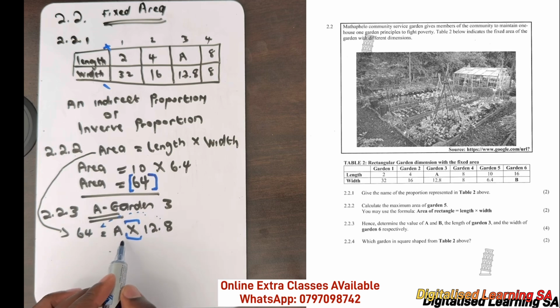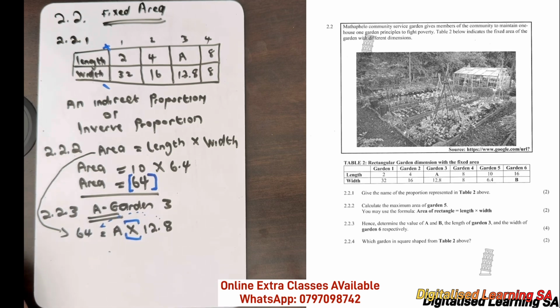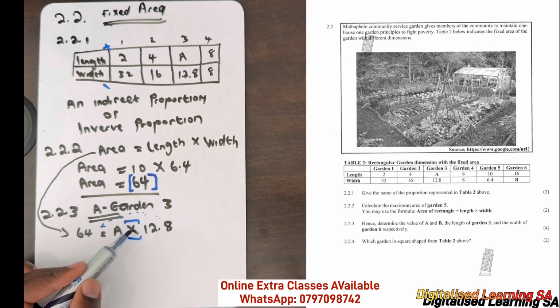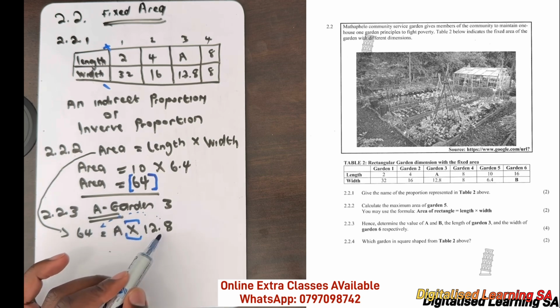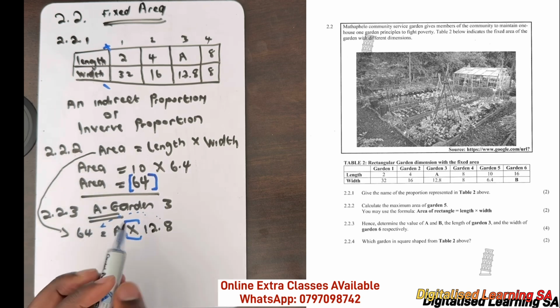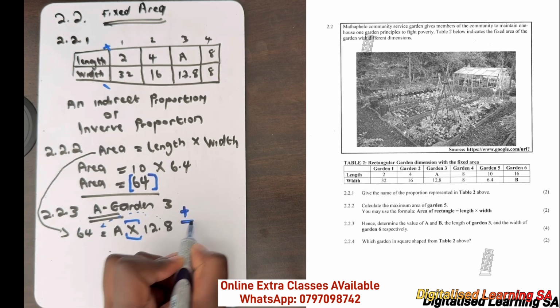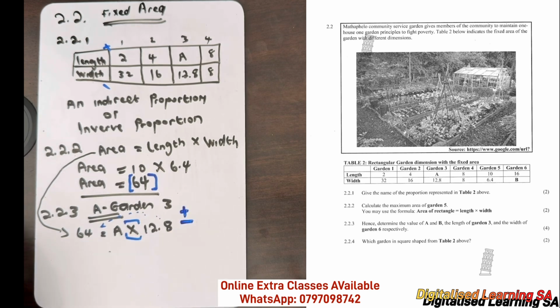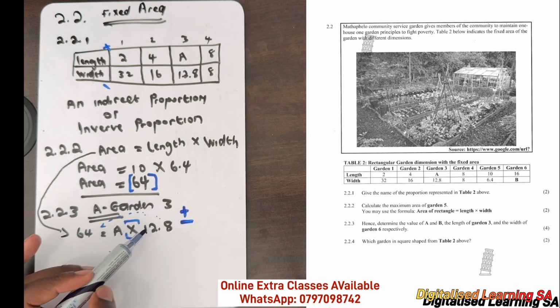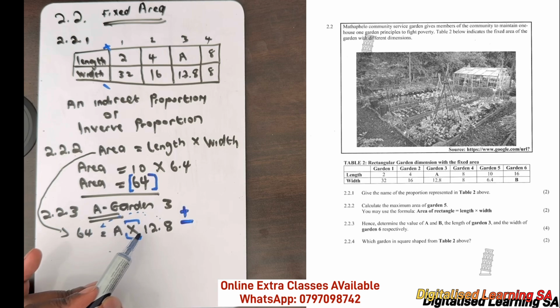We need to divide by 12.8 so that A can remain alone. Because it's a multiplication, we divide by 12.8. But if it was an addition or a subtraction, we would take the 12.8 to the other side, and it would change its sign.